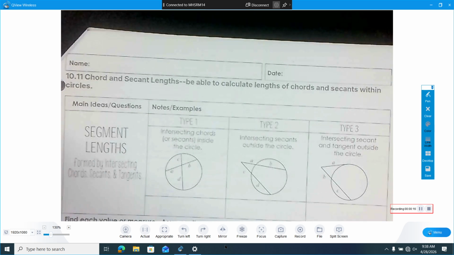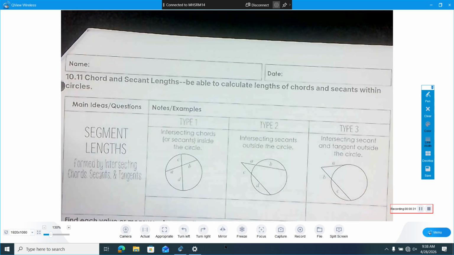We are looking at segment lengths now. Up until this point, everything we've been doing has been arc and angle inside the circle, the measure of the arc and the little angle. But today we're looking at the lengths of segments within circles, and there are some special relationships.